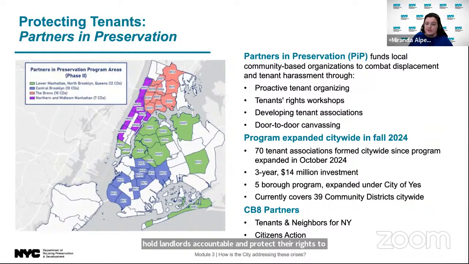It's a relatively new, expanded pilot program that has since its expansion led to the creation of over 70 tenant associations. It's now active in 39 community districts. It was recently expanded to Manhattan Community District 8, where we've partnered with Tenants and Neighbors for New York and Citizens Action.